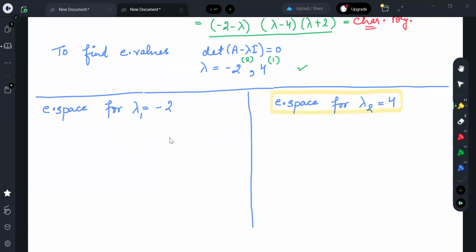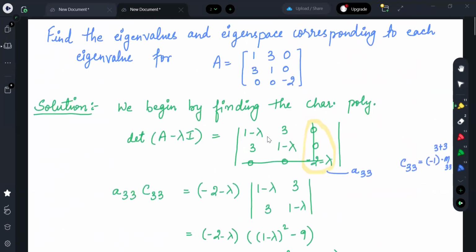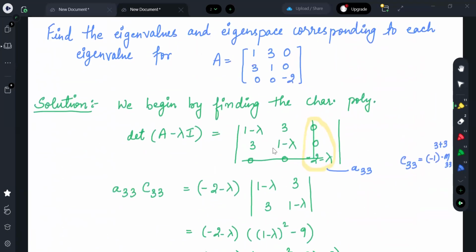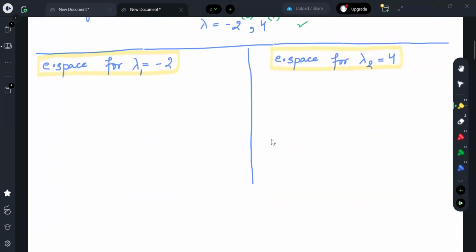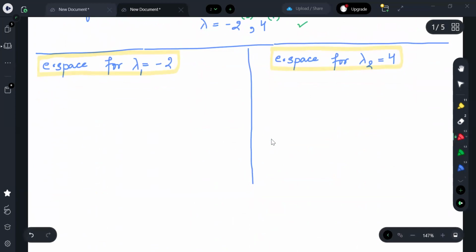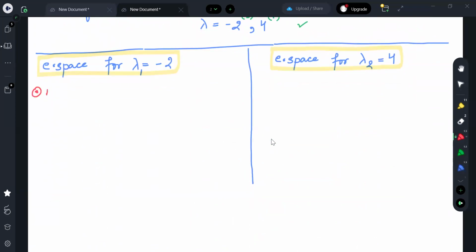Okay, so what was the step for finding the eigenspaces? So we take the matrix A minus lambda I right here, and instead of lambda, I plug in -2 and augment it with zeros and start row reducing. So I'm just going to write it out so that you have access to these notes.